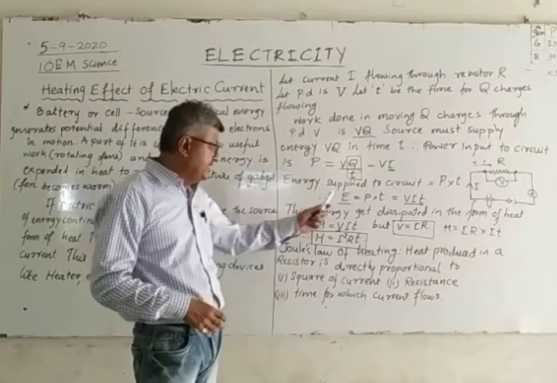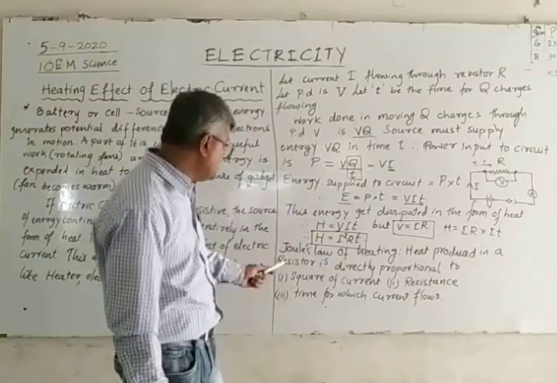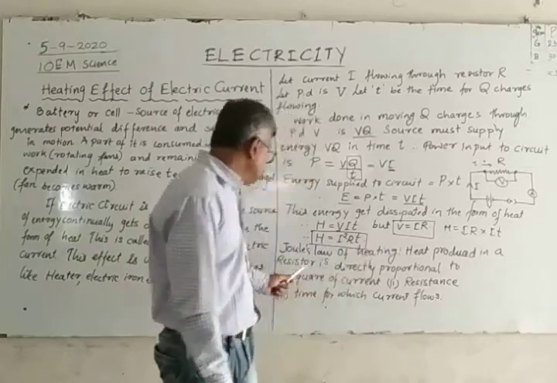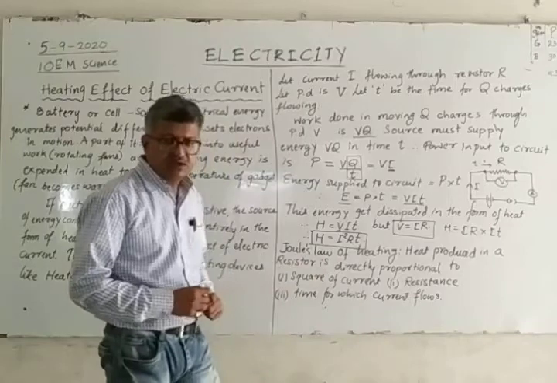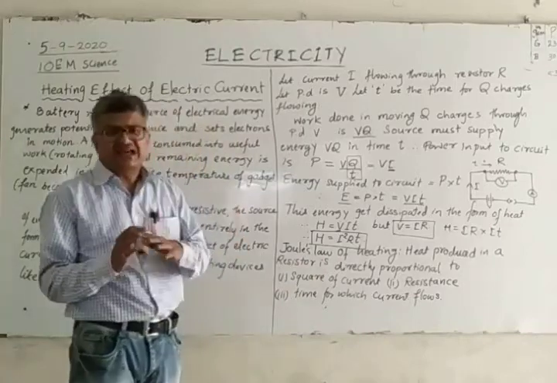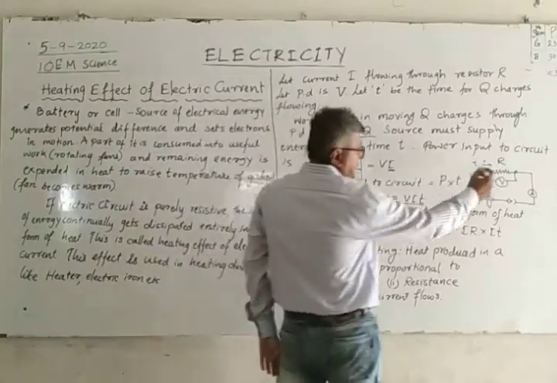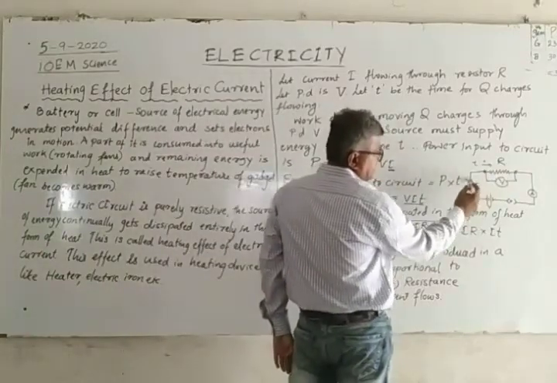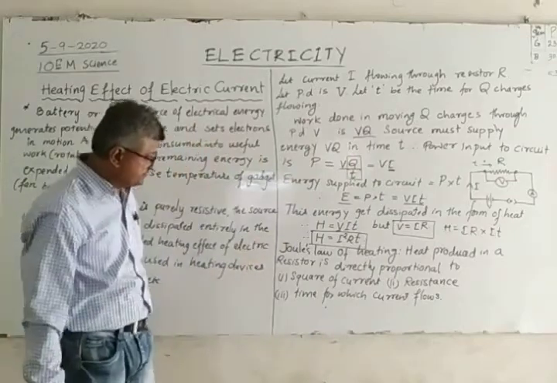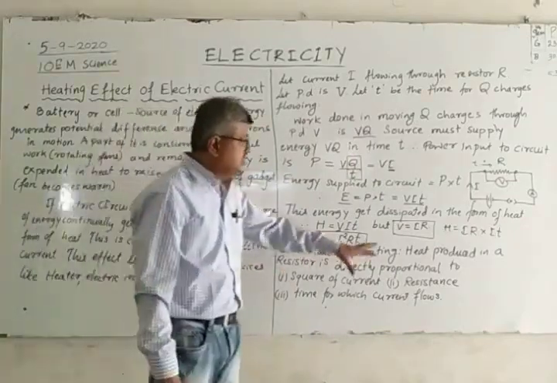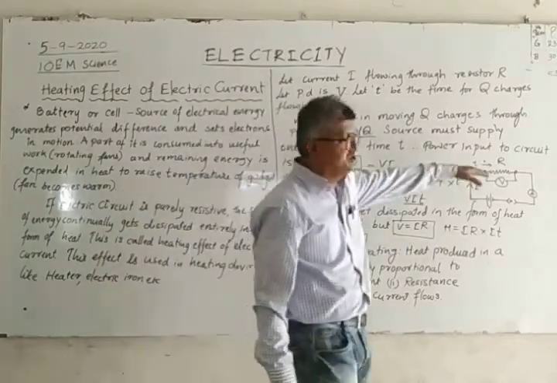So the heat produced in a resistor is directly proportional to the square of the electric current passing through the resistor. Then the heat produced is directly proportional to the resistance.